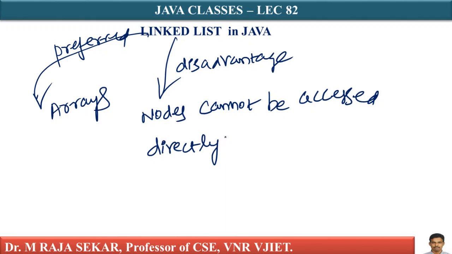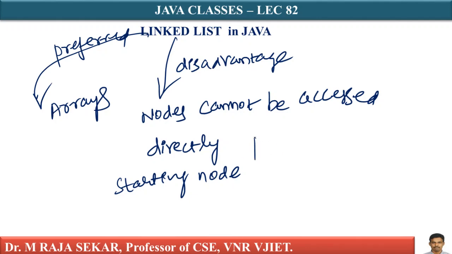Instead, we need to start from the root node, the head, or the starting node, and follow through the links to reach the node we wish to access.